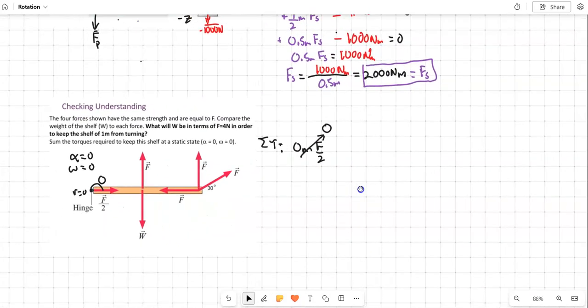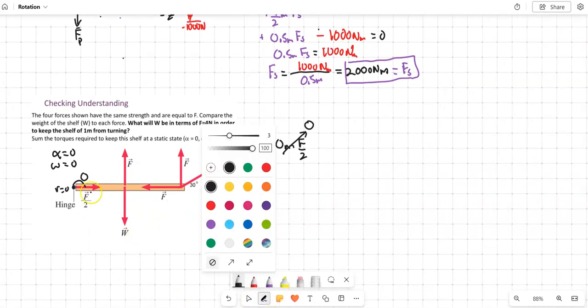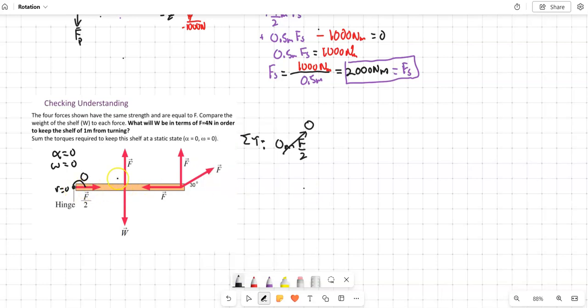Realizing I'm going to need a lot of room for this problem. Okay. So we just started here, and then I'm moving outwards. Now we get to this point right here. This force up, F, which is just like the other ones, is going to be spinning our lever arm.